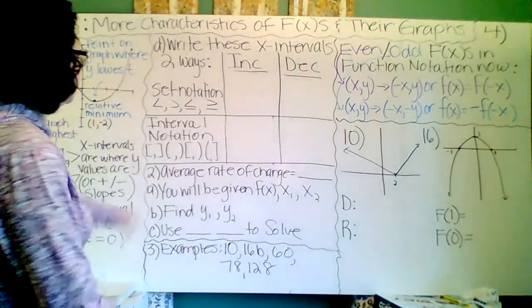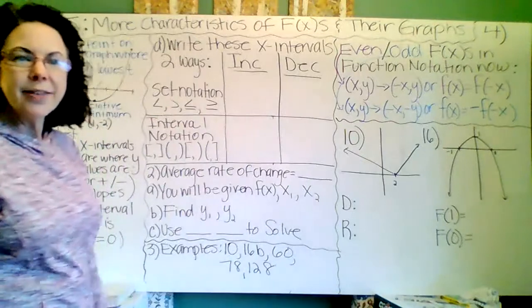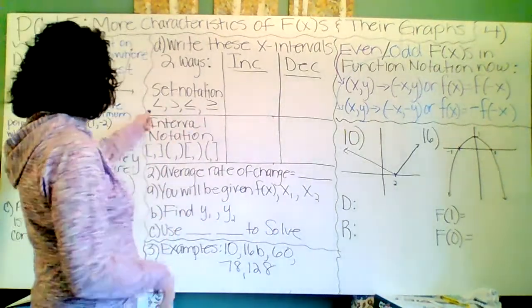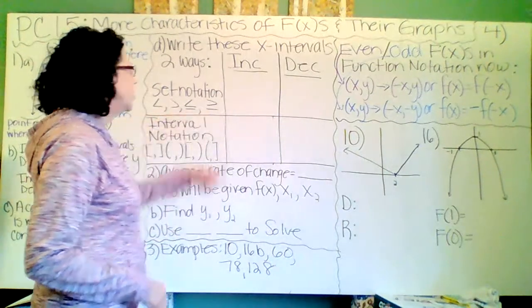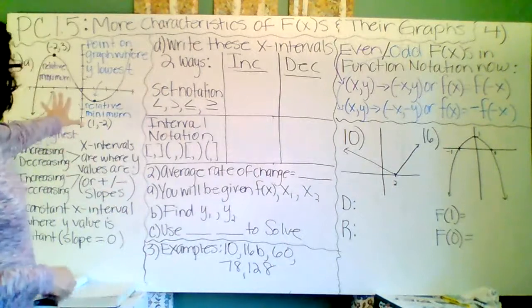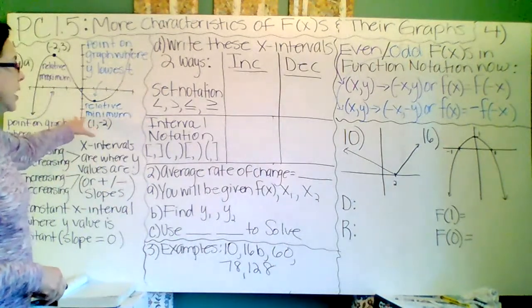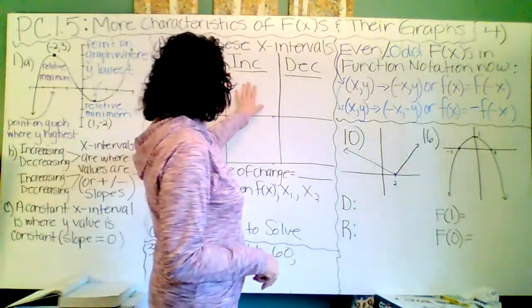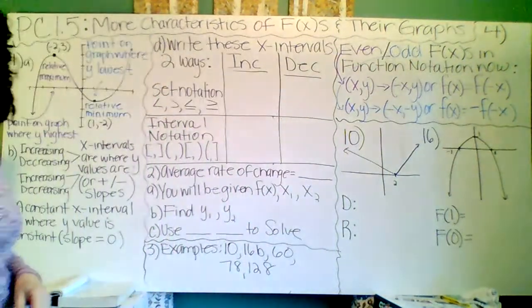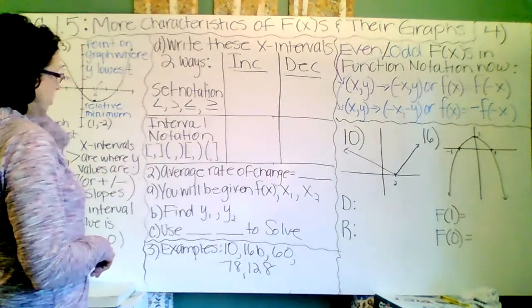We are used to set notation. And the way I remember that is because inequalities are set in my mind, right? We have less than, greater than, less than or equal to, greater than or equal to. And we're going to write, where this graph over here on the left is, the x intervals where it's increasing and decreasing. Then we're going to use interval notation. You probably remember this.